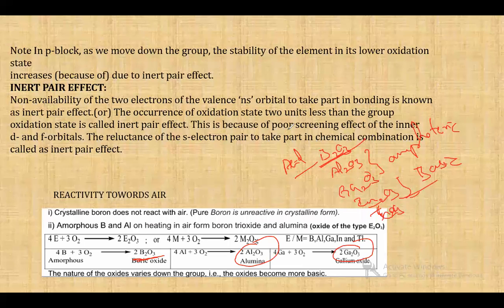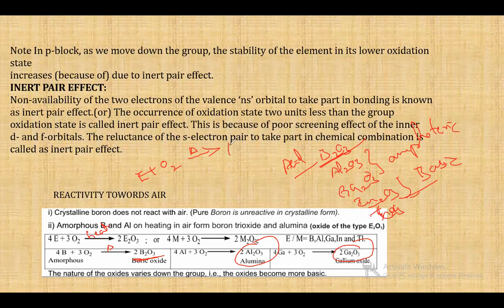Next, the reaction towards air. Group 13 elements react with air or oxygen at high temperature. We need to mention the heat or delta. They form A2O3 type of compound, the elemental oxide.